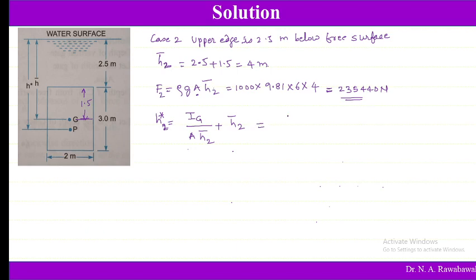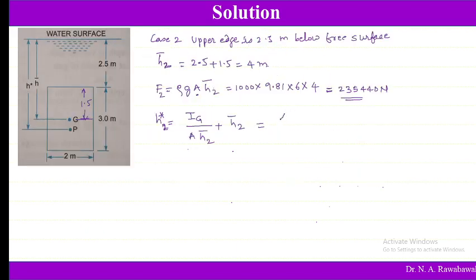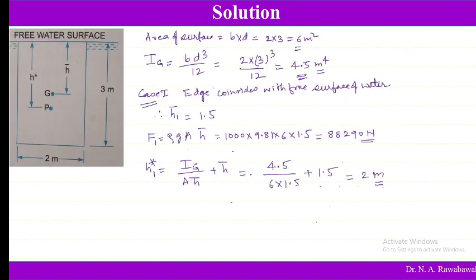So Ig is known, the value which we have seen here is 4.5, divided by area 6 into H2 bar 4 meter, plus 4 meters. So H2 star we get as 4.1875 meters.